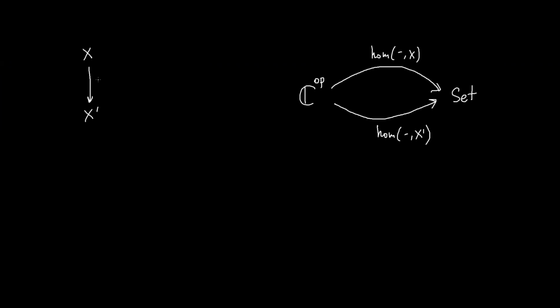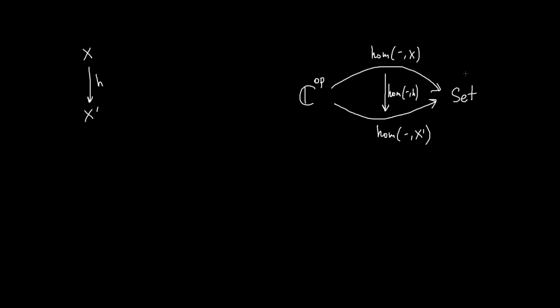Let's call this arrow... We've used F and G for arrows on the other side, so let's call this arrow H. So does a morphism H from X to X prime give me a morphism between functors? Well, a morphism between functors is a natural transformation, right? So we're looking for a natural transformation, which we are going to denote by Hom(-, H).